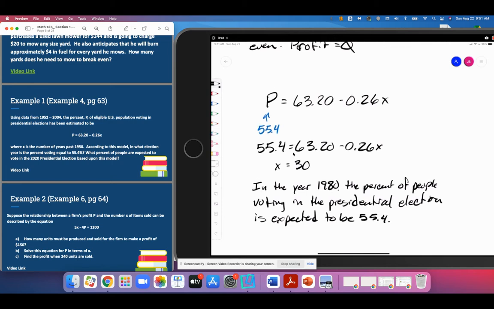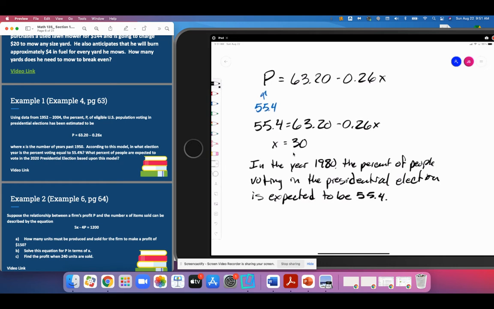So that's roughly about half of Americans voting in the 1980 presidential election is what was anticipated. Again, this is anticipated. We don't know what happened for sure.